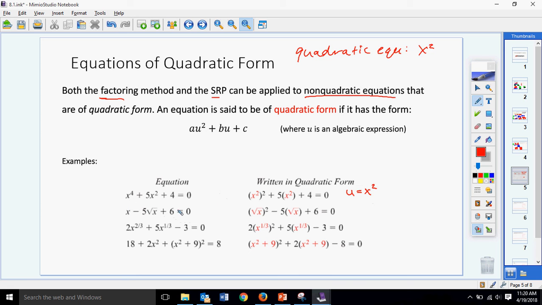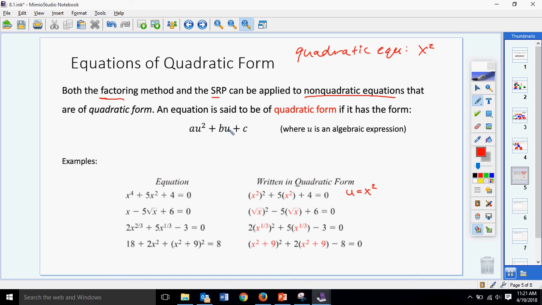Look at this equation. Doesn't look like it's quadratic, does it? It doesn't have an x squared. It's definitely not quadratic. So how could I manipulate it to look like this form? I always like to look at my middle term, my B term here, because it tells me what my U is. And then I want to check that with my A term.